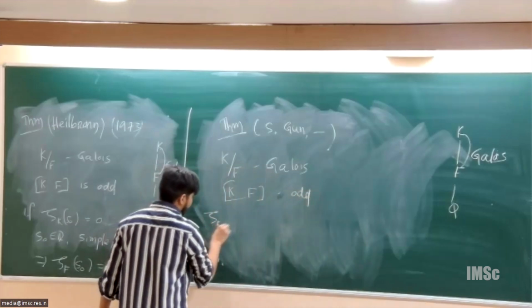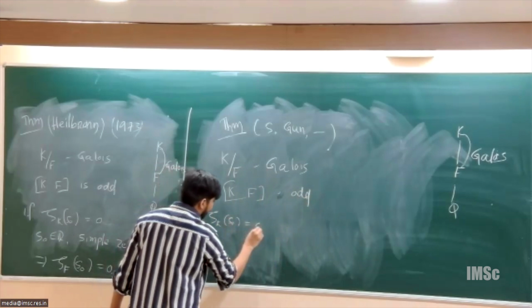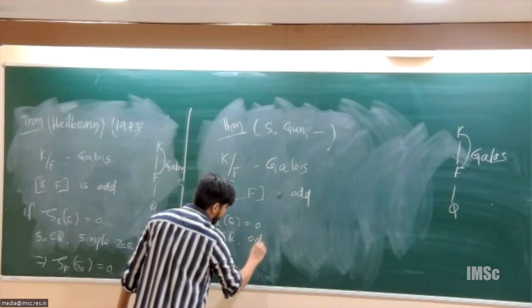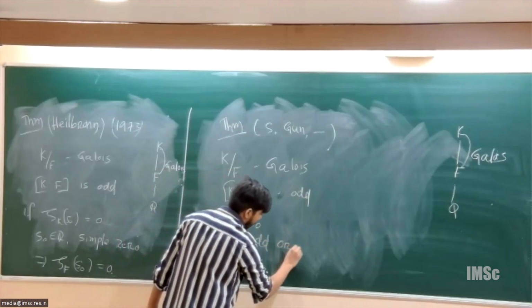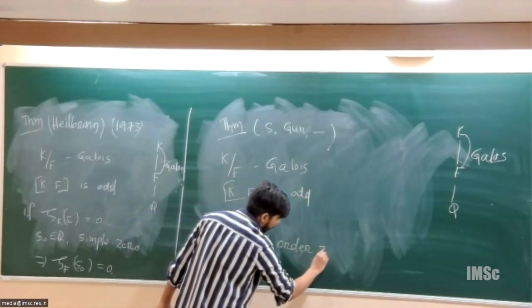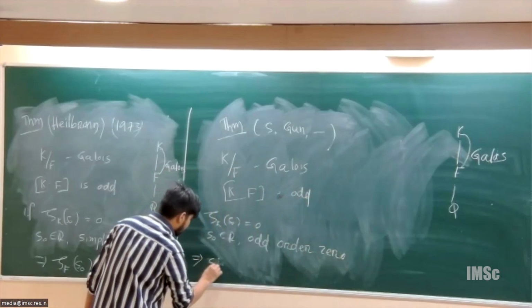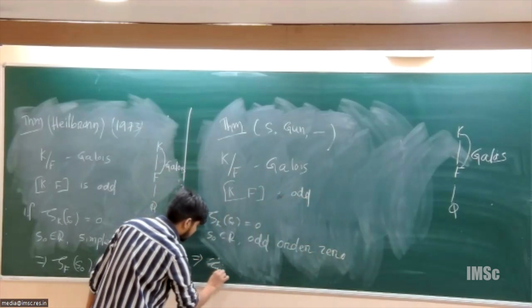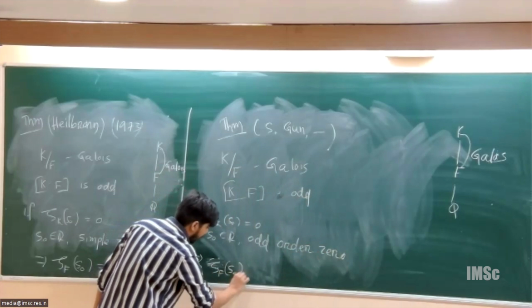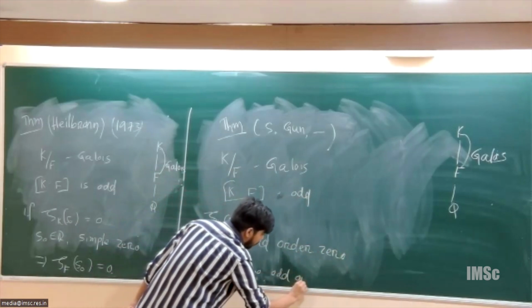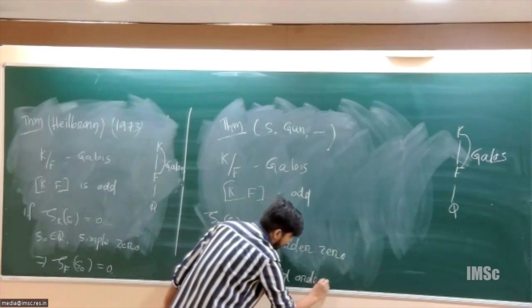If s naught is a real, odd order zero of zeta K, that implies s naught is an odd order zero of zeta F.